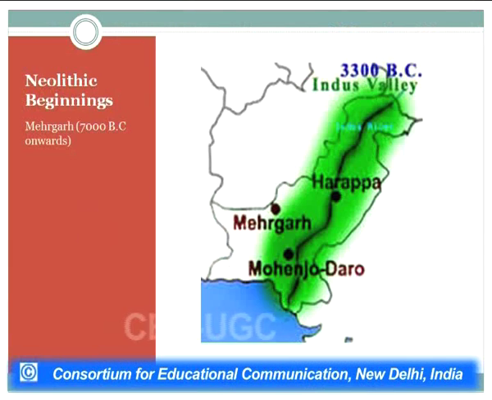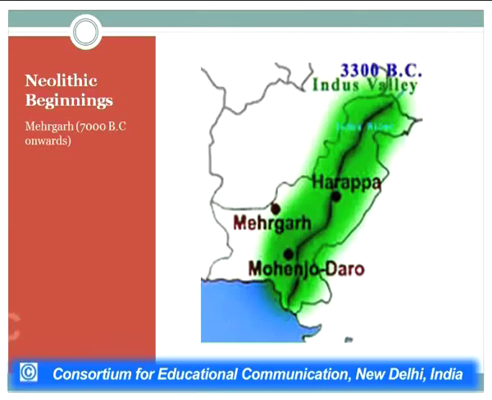Since our journey begins from the Neolithic times, you can see on your slide the location of Mehergarh, which happens to be the earliest Neolithic excavated site in the Indian subcontinent.